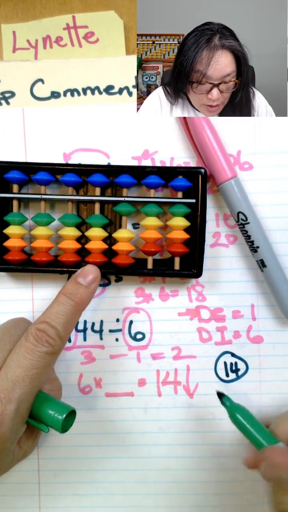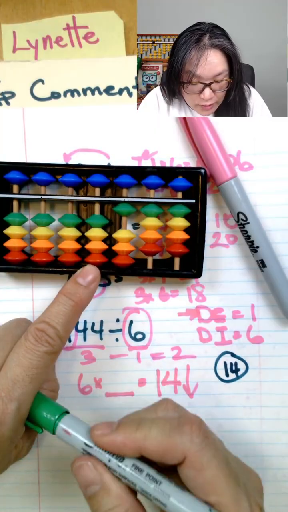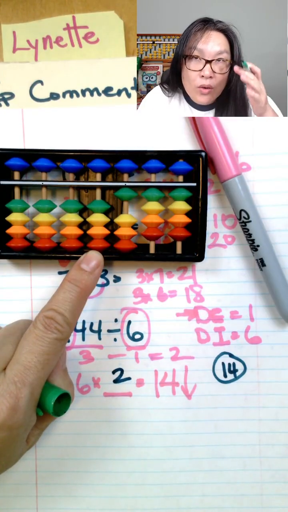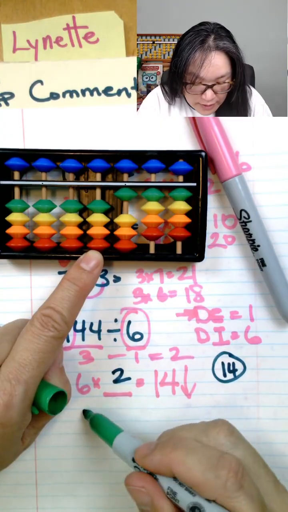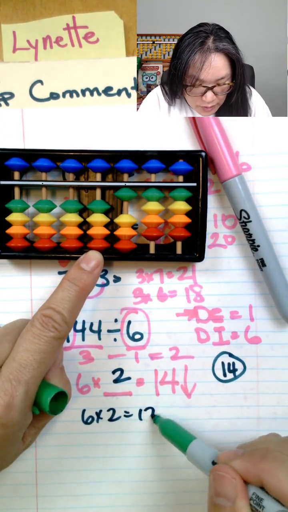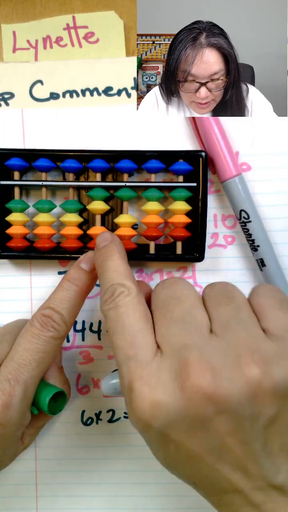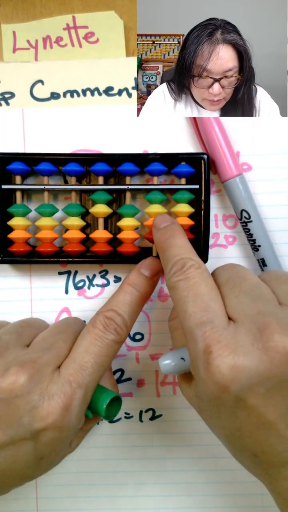I wouldn't know, but I do know 6 times 2 is equal to 12, because we know our multiplication table. So all I got to do is add my 2 here, that's my answer, and take away 12. I take away 1 and I take away 2.